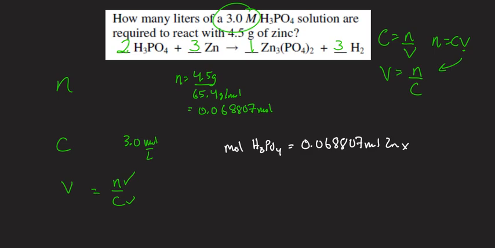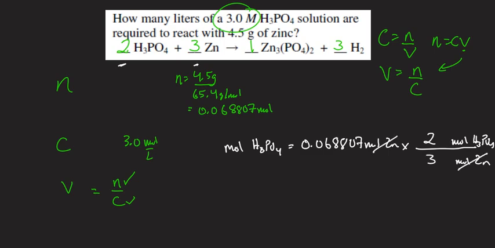Going to multiply that by a conversion factor, and that's going to be our mole ratio. We have moles at the bottom since you want to get rid of those. What we want to keep goes at the top, moles of H3PO4. Because this is our mole ratio, we're going to go to the balanced equation and look at our coefficients. So here it is 2, so we write a 2, and zinc we have 3, so we write a 3.